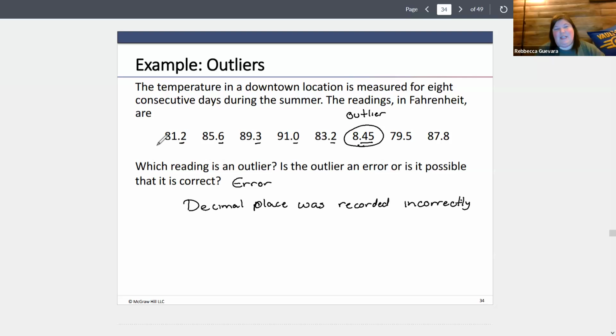And like I said, a good way to get an idea of what's going on is to look at the rest of your data. Everything here is rounded to the tenths place, and then all of a sudden it's the hundredths place. That's a good indicator that there is a problem with the decimal point moving.